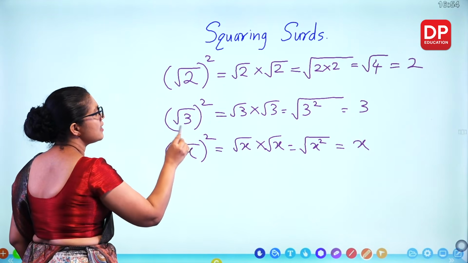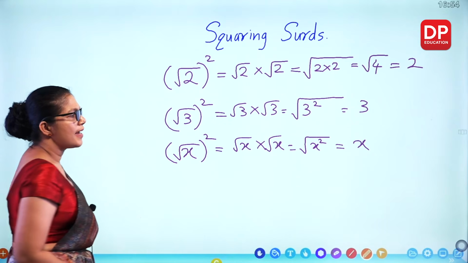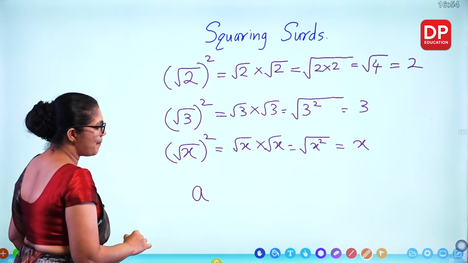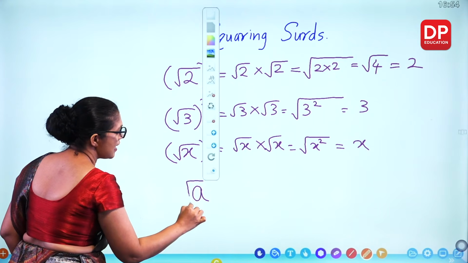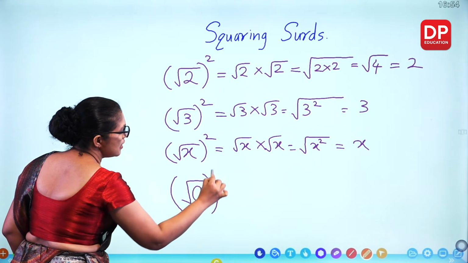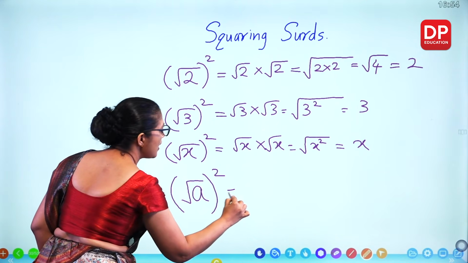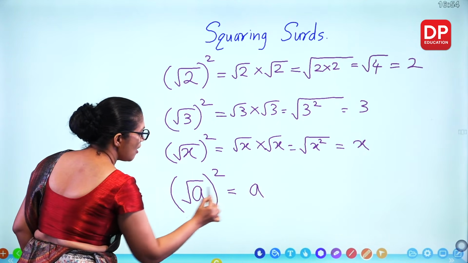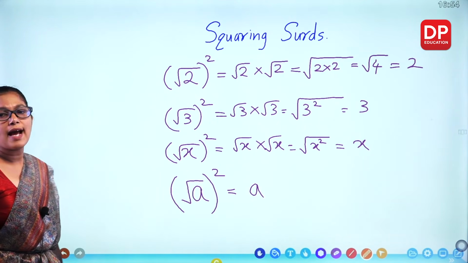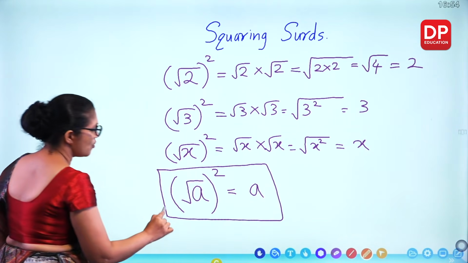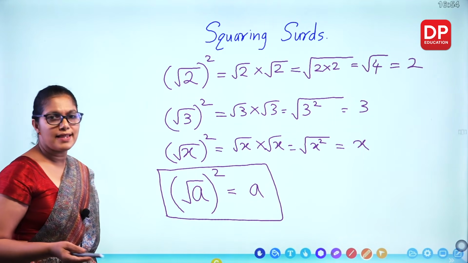Here you get 3, here you get x. So remember this: when you take the square root of any number a and square it again, you get the same value as the inside number. When you know this pattern, you can easily substitute and get the answer.